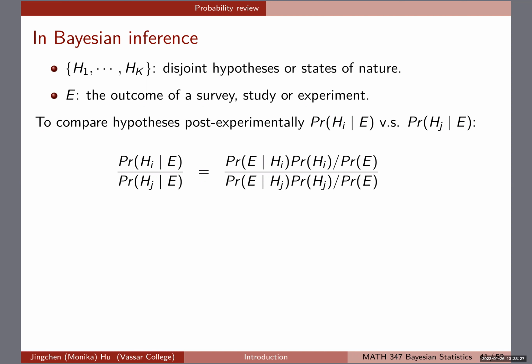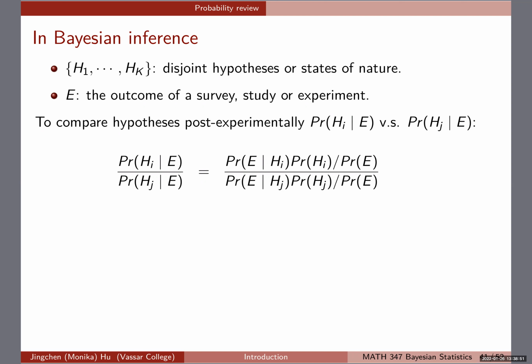Since we reviewed partitions, H1 through HK are disjoint hypotheses whose union is the entire space. Let's see how we can compare different hypotheses, HI and HJ, among the K different ones, after we see some study outcome.